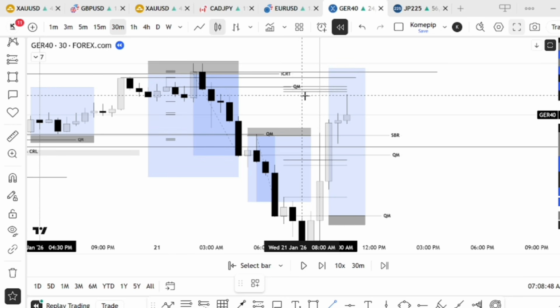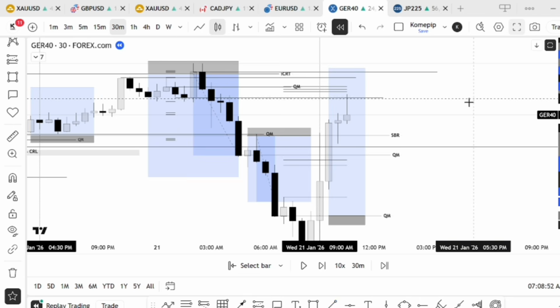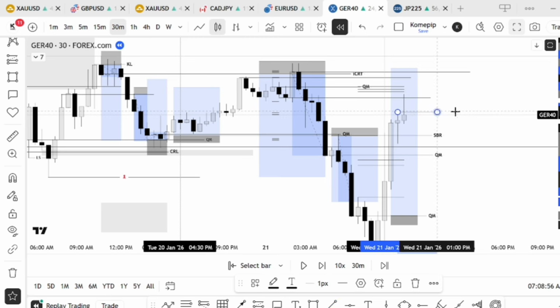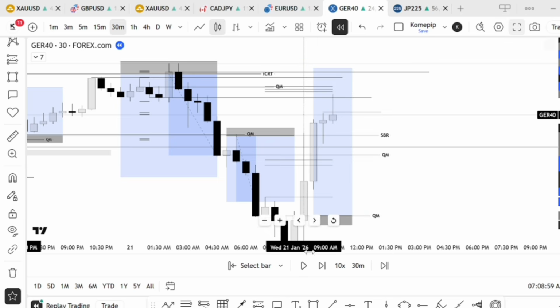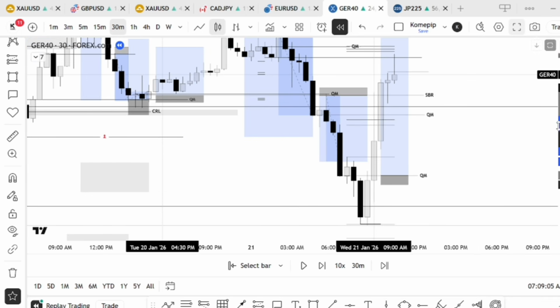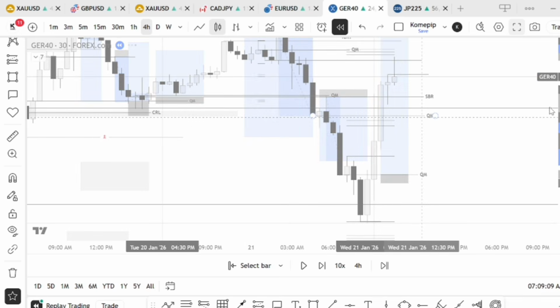So price touches a key level around here and gives us what? A CRT. Am I going to enter? No. I'll wait. Why? Because it seems as if the trend is about to change, and usually you find out on the 4-hour time frame.